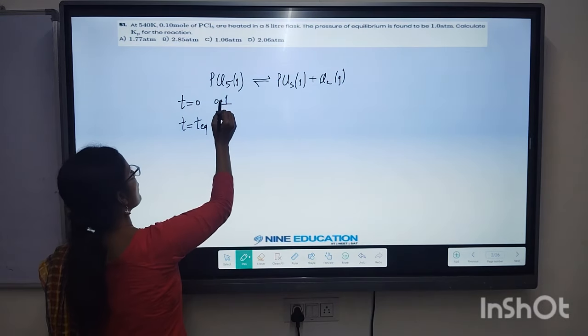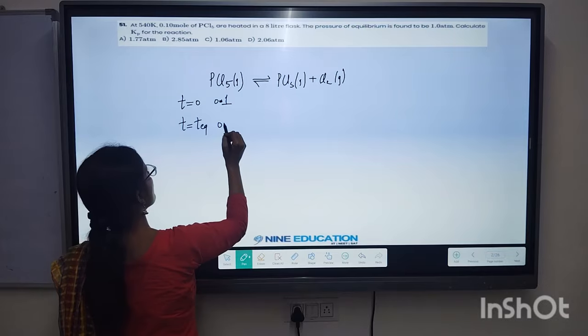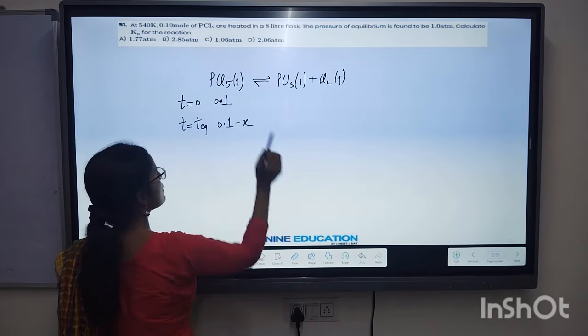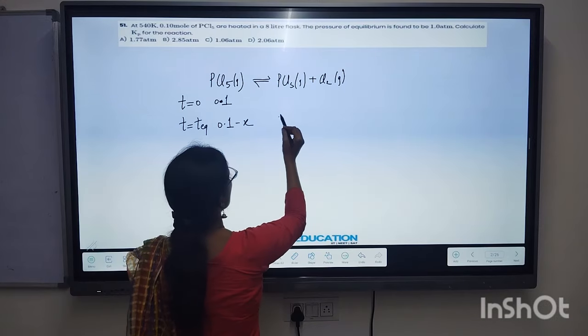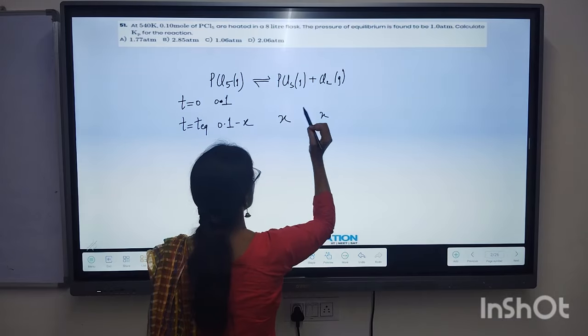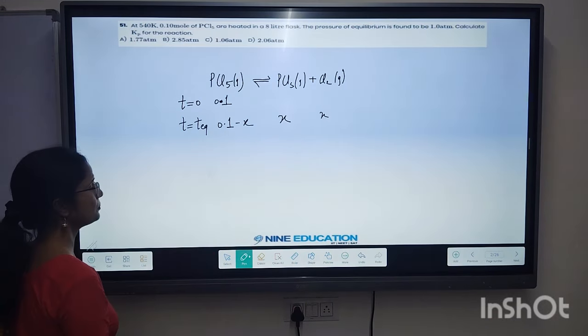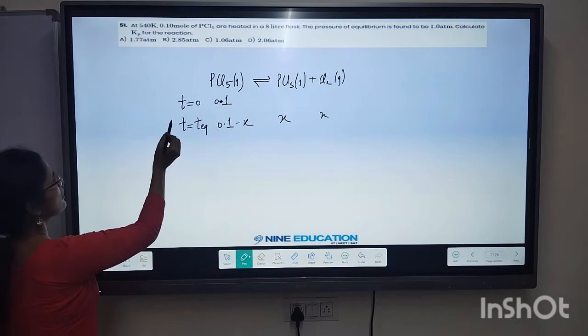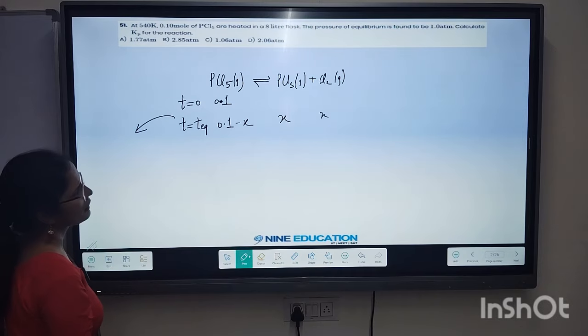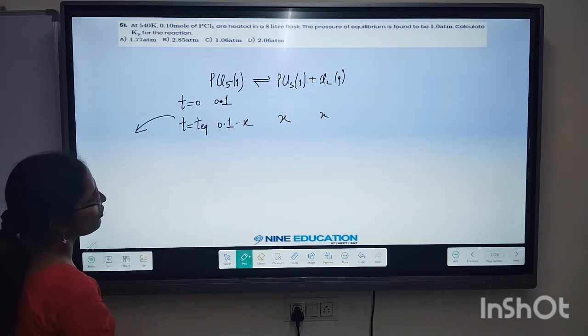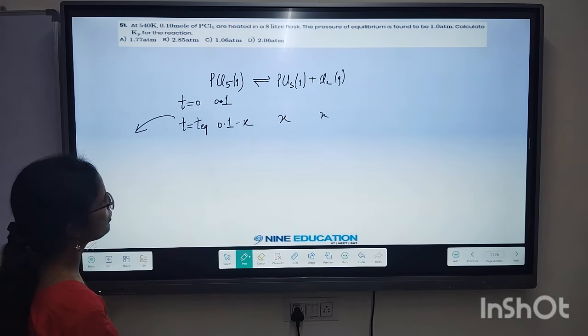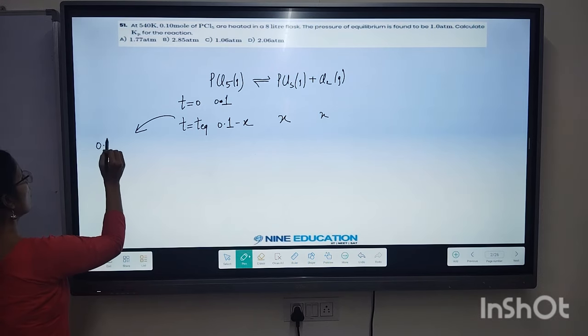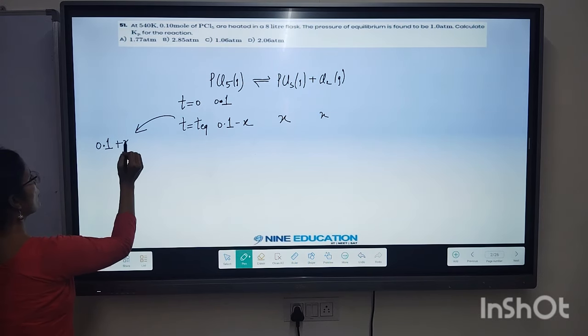So the leftover amount of PCl5 will be 0.1 minus X, and X mole of PCl3 as well as X mole of Cl2 will be forming here. Now at T equilibrium, the total number of moles will be 0.1 minus X plus 2X, so it will be 0.1 plus X.